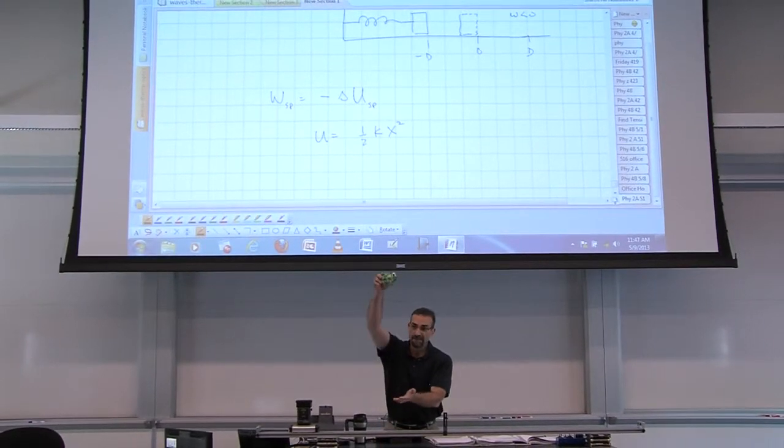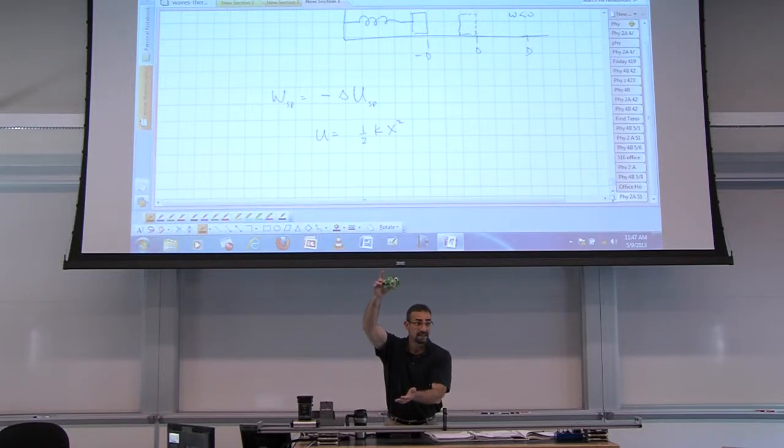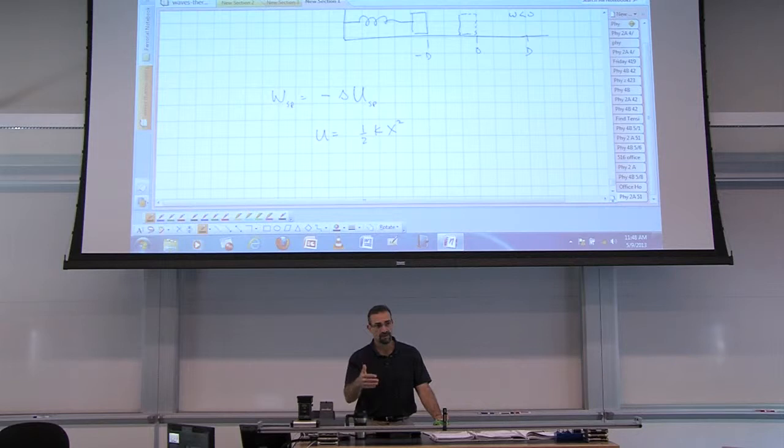If we raise it up to a higher position and we let go of it, the gravitational force can act on it over a longer distance, do more work on it, and give it more energy. So it has more potential up here when we let go of it than down here. So there's more potential for the gravitational force to do work on it. So we call it potential energy.